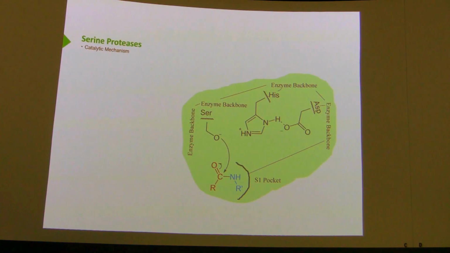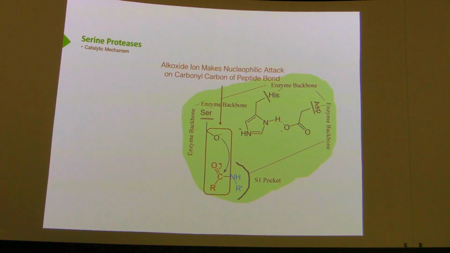The alkoxide ion makes a nucleophilic attack on the polypeptide chain at the place indicated. Okay? Why does it do that? All right? Well, the carbon that's there is relatively electron poor. The oxygen has pulled electrons away from it. A nucleophilic attack involves something that's electron rich, looking for a nucleus, and that carbon is a perfect nucleus for it to attack.